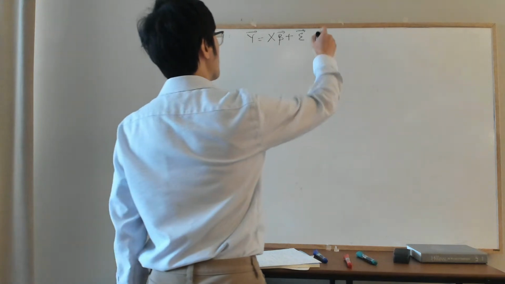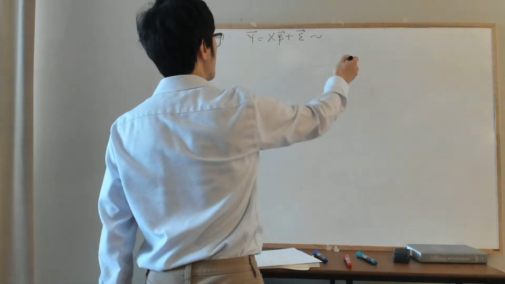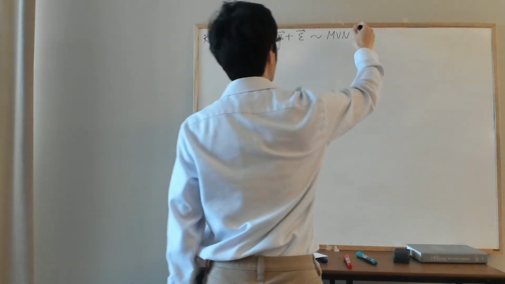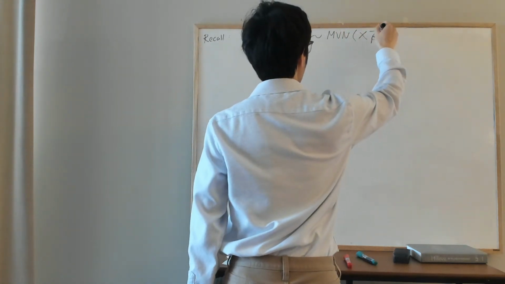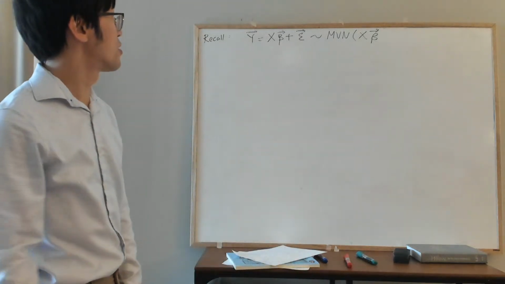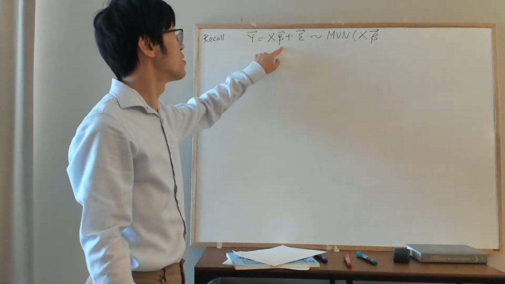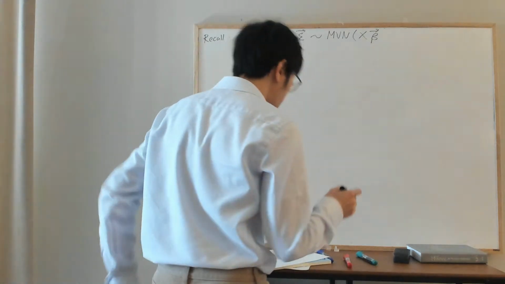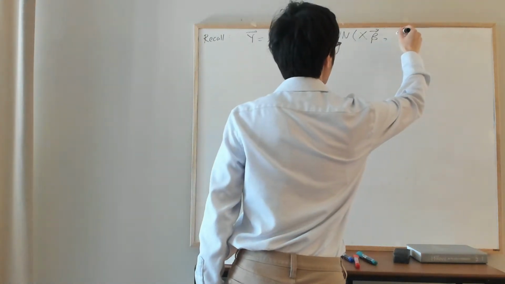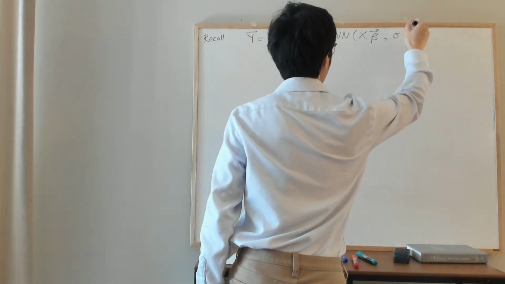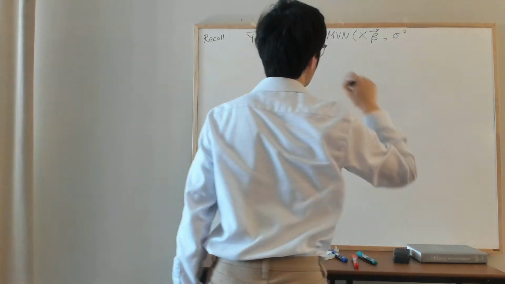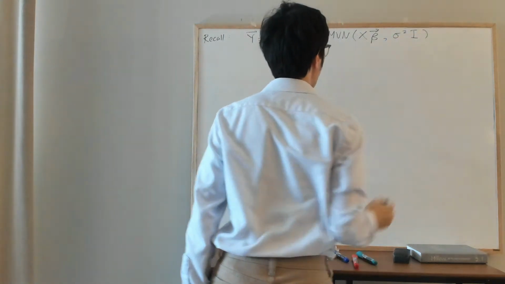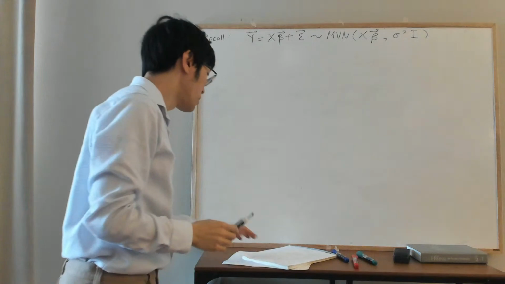So this entire expression by assumption has a multivariate normal distribution. The mean is X beta, so this linear part models the mean response. And then the independent and identically distributed errors all have variance sigma squared, so it can be written compactly in matrix form as sigma squared times the identity.